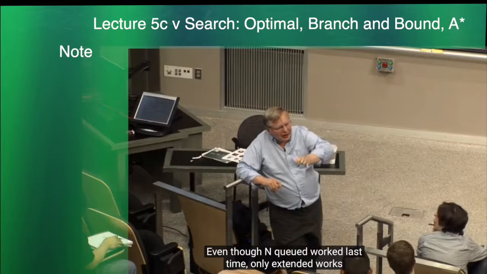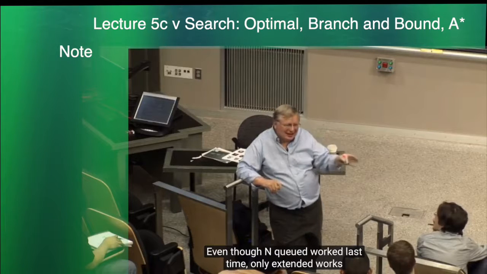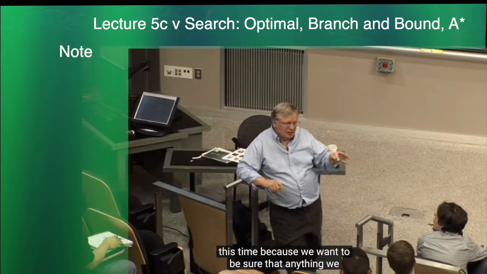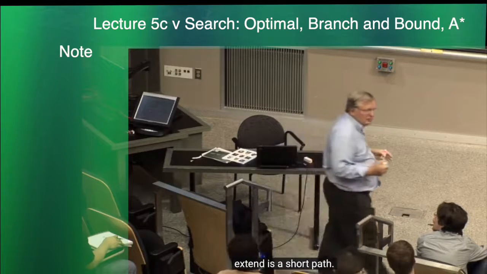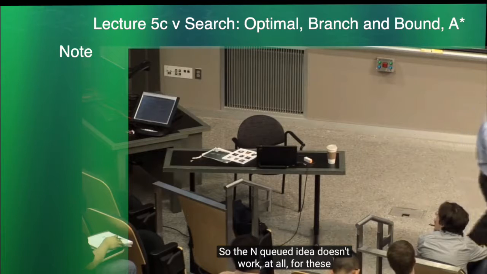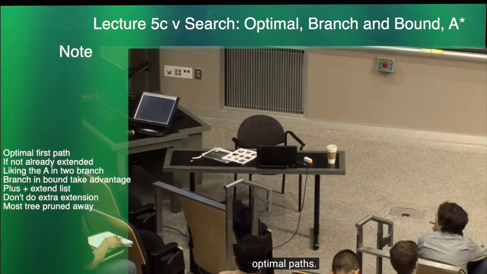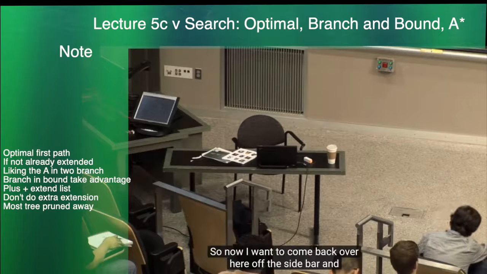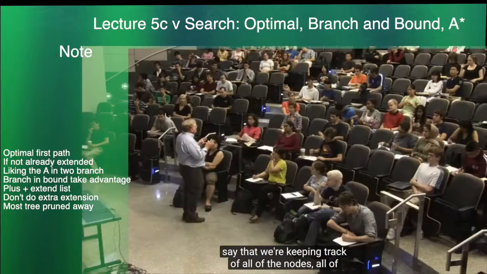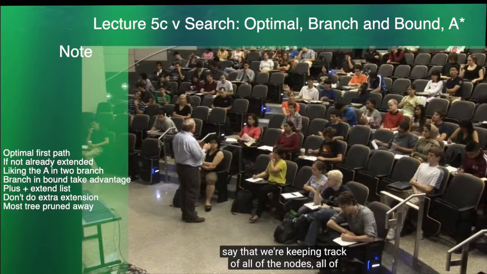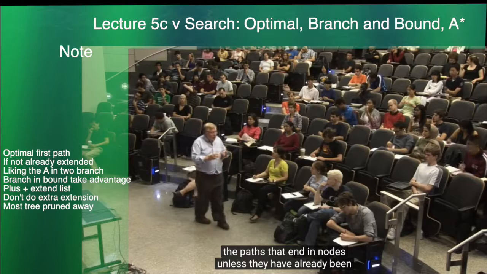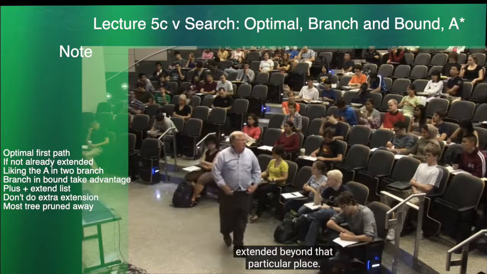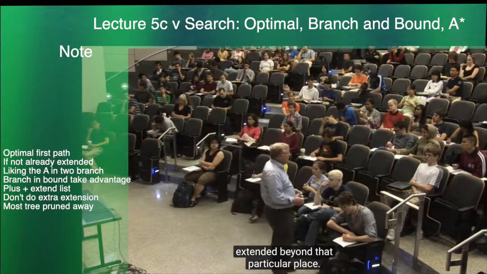Even though enqueued worked last time, only extended works this time, because we want to be sure that anything we extend is a short path. So the enqueued idea doesn't work at all for these optimal paths. So now I want to come back over here off the sidebar and say that we're keeping track of all of the paths that end in nodes, unless they have already been extended beyond that particular place.